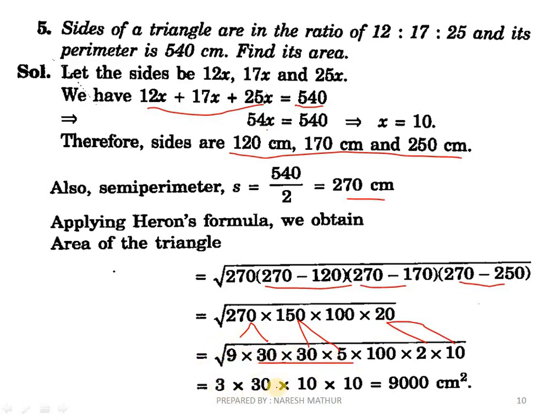We have a pair of 30, so we can directly write 30. 100 is already a perfect square, so we can write 10. Now 5 into 2 is already a 10, and 10 into 10, so we can make a pair of another 10. 10 is just outside of the square root. So the product of these numbers is 9000 centimeter square. Always take care of the unit when we find area.